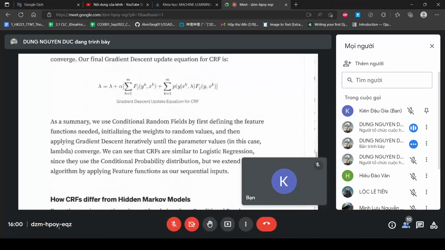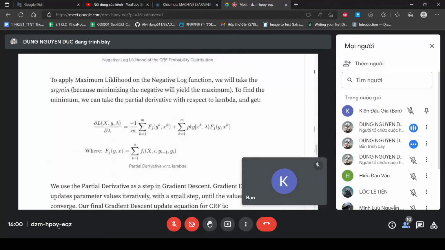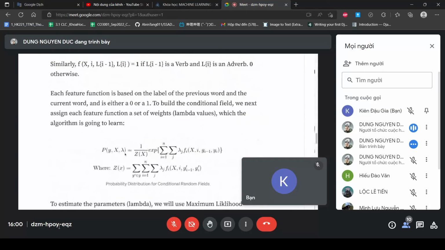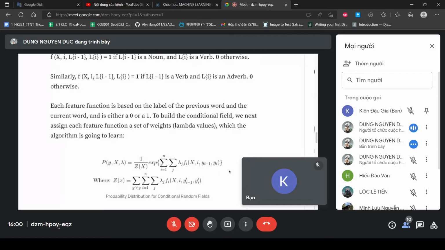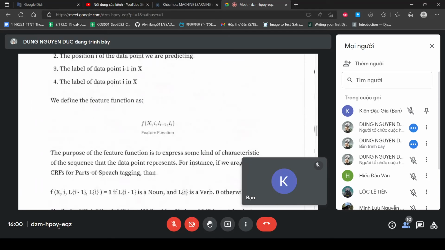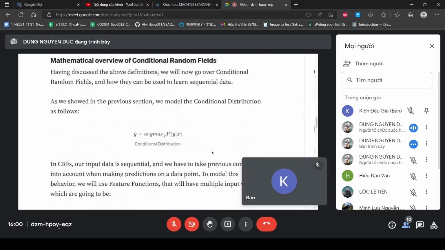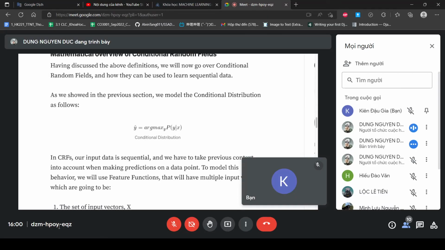And as you have the lambda, you already have a way to calculate this probability. If you can calculate this probability, you can easily get the conditional distribution here using Bayes' rule.